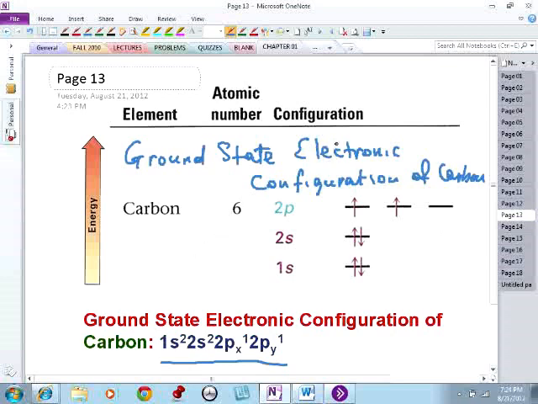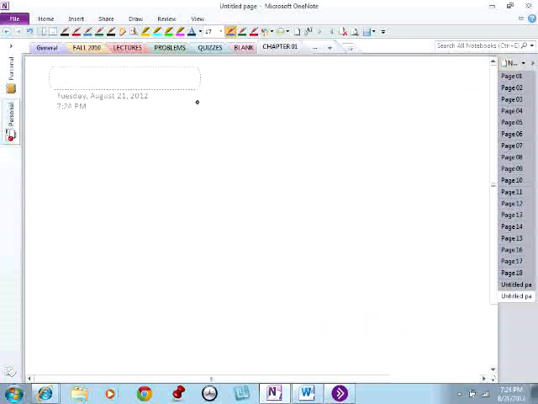Okay, let's do this carbon first, okay? Supposing I say write the ground state electronic configuration of carbon, right? Carbon, atomic number is what?